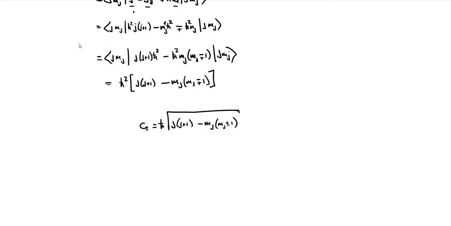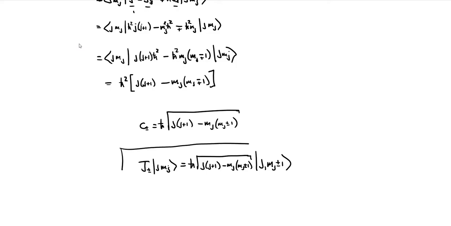And that gives us that J plus or minus operating on J MJ is equal to h bar square root of J times J plus 1 minus MJ times MJ plus or minus 1, on J MJ plus or minus 1, right?